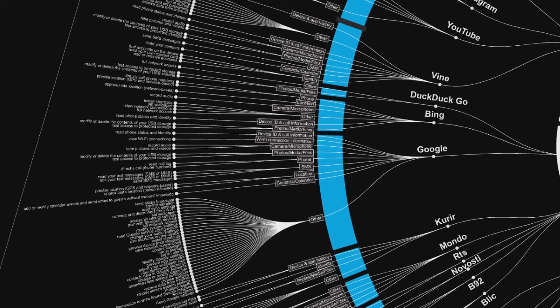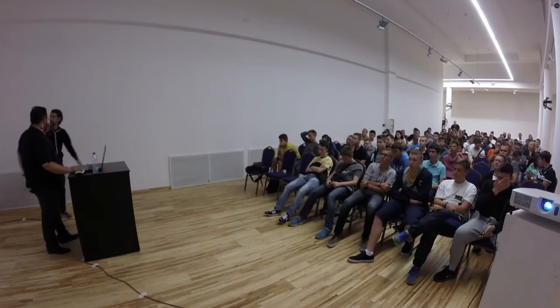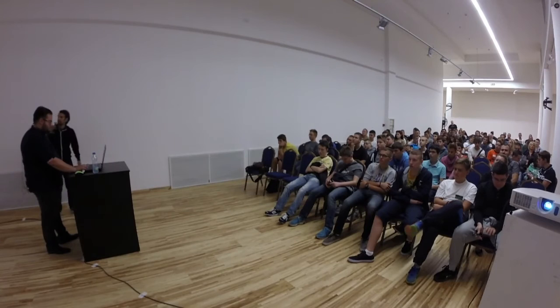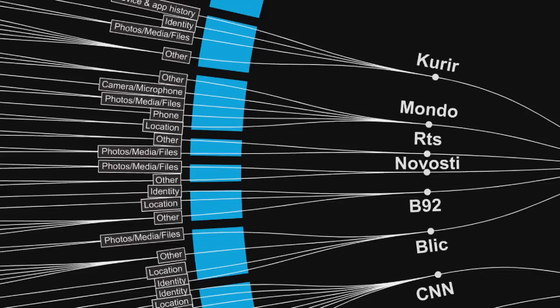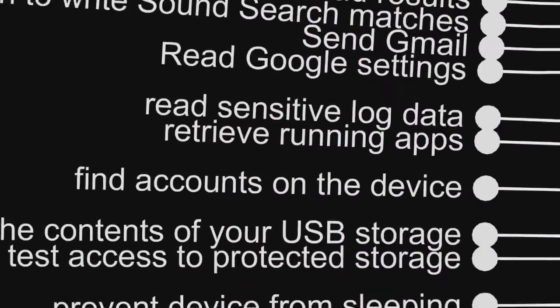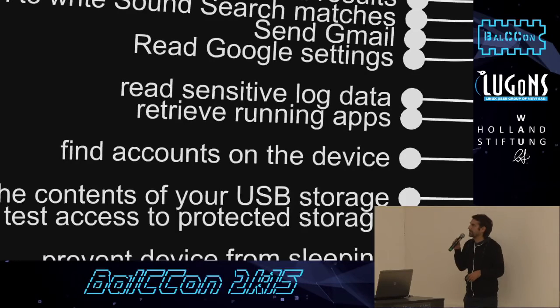So then we started to research some domestic applications, mostly news, like Kurir, Mondo, RTS, Novosti, B92, Blitz, and so on. And then we found also interesting things, for example, that Kurir can read sensitive log data.